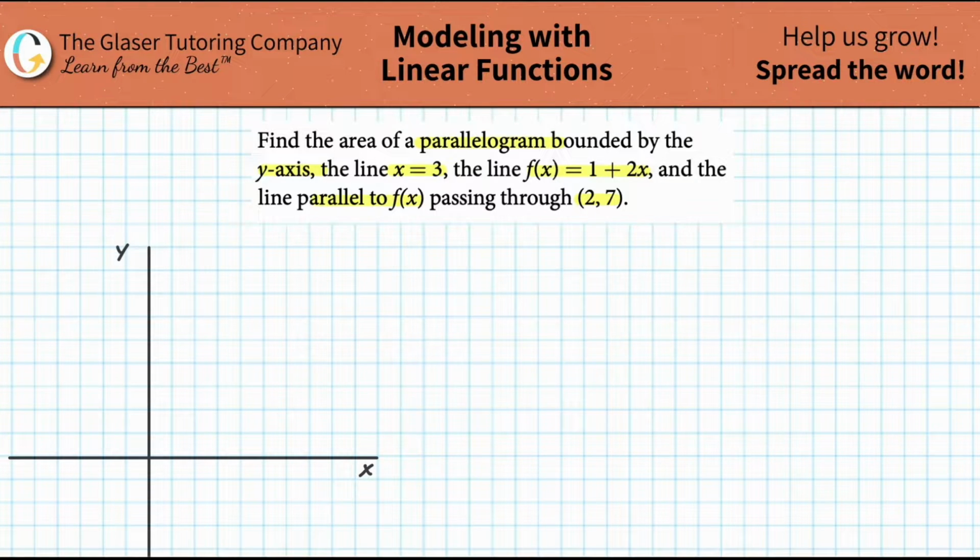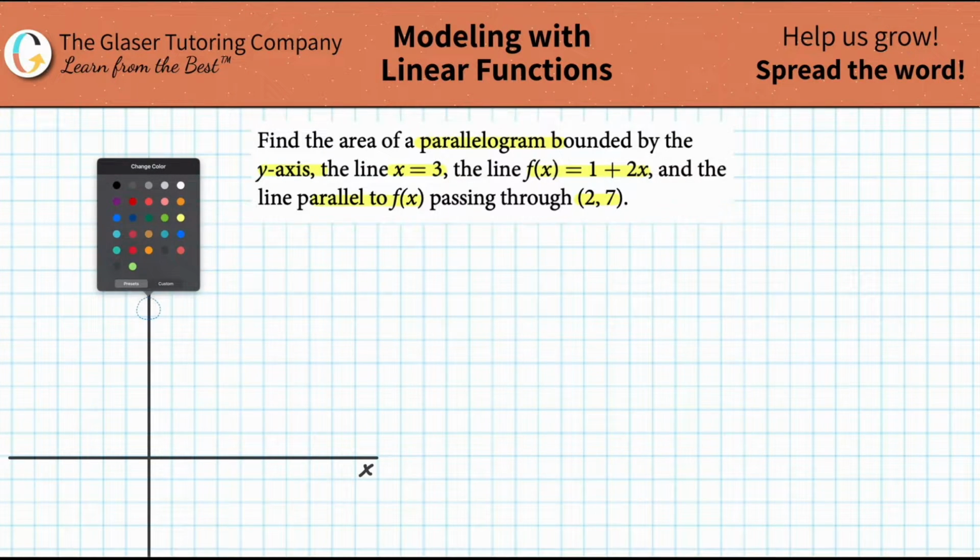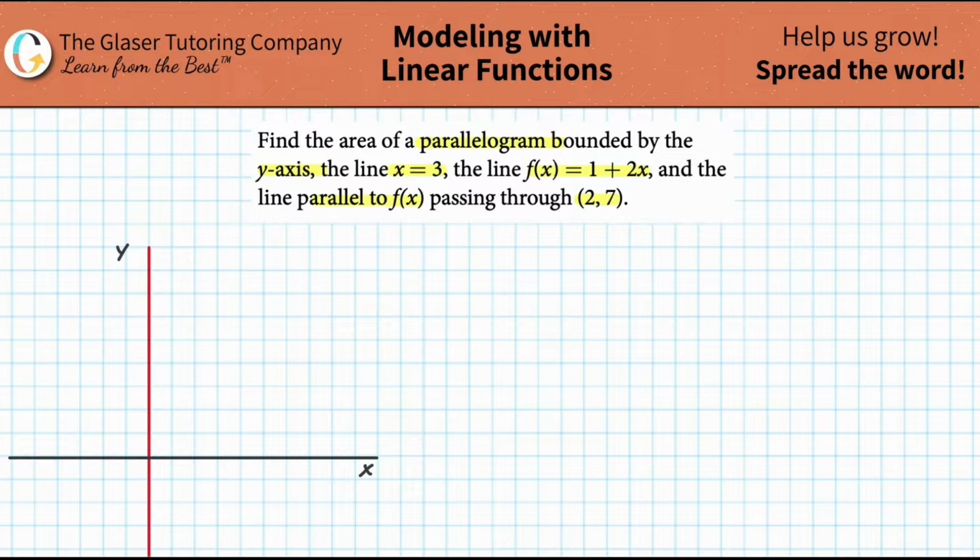All right, so it wants to find the area of the parallelogram. And the parallelogram here is bounded by, meaning it's going to be contained within, the y-axis. I already drew that y-axis, so I'll put it in red. Let me just change the color. So there it is. Next thing it says is the line at x is equal to 3. So let's make that line.